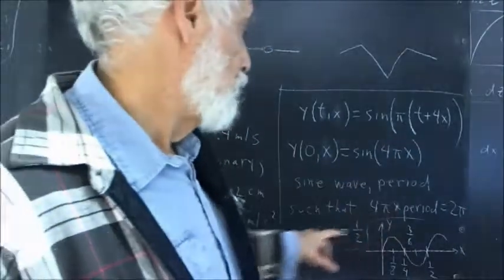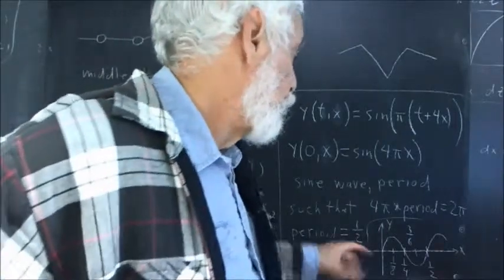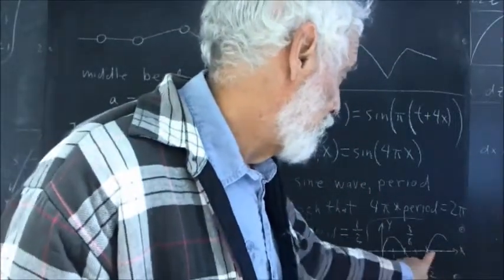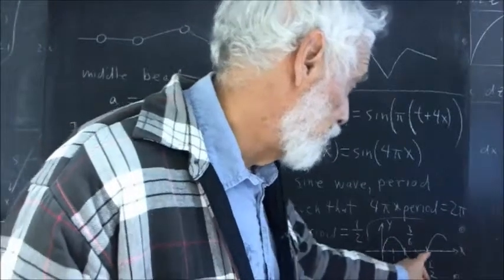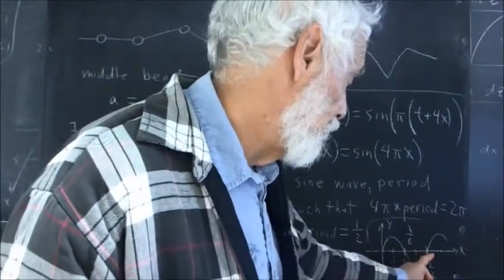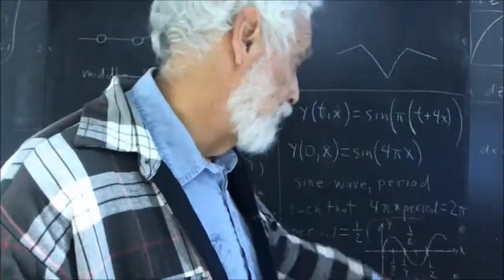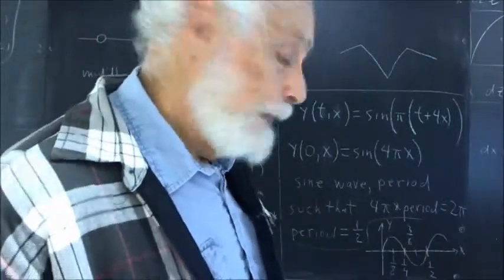So we have a sine wave with period 1/2, and we can draw that down here. Here's our x, here's our y. So here's our sine wave. It's got a period of 1/2. The whole cycle begins at the origin and ends on the x-axis at the point (1/2, 0).